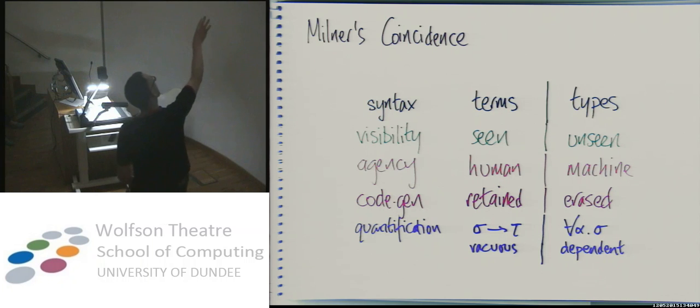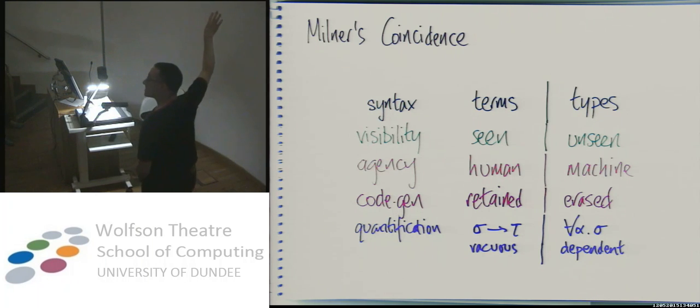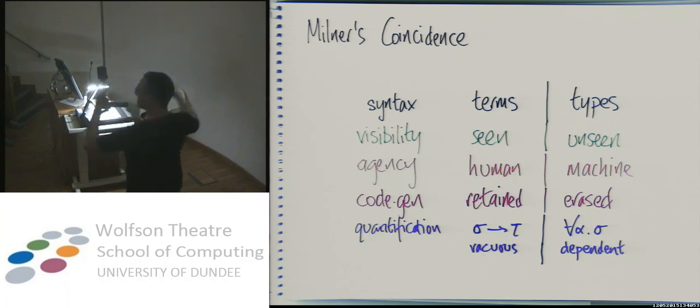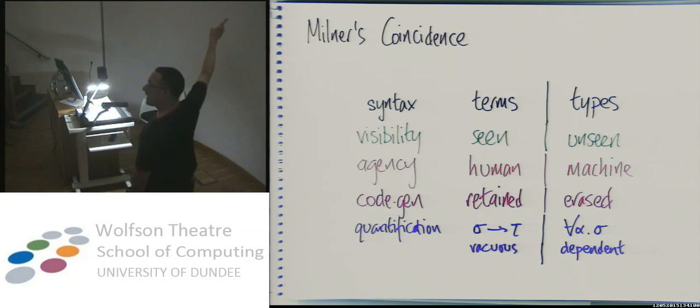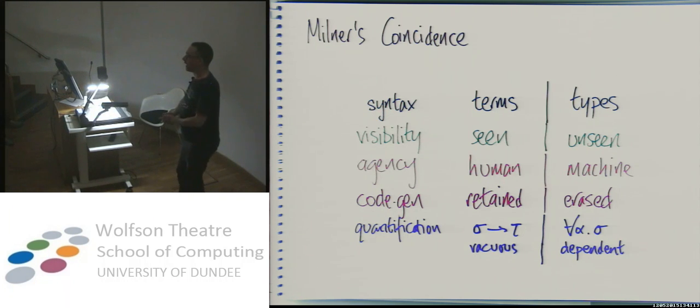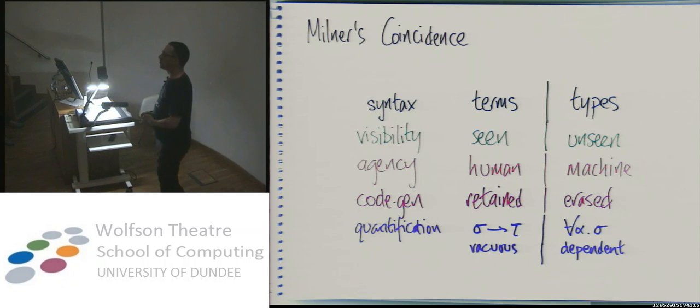Whereas if you're abstracting over the types, the invisible machine-generated things, then all of a sudden it becomes possible to name the abstracted thing with a universal quantifier. And in the Milner world, all of these things line up, astonishingly, and to a significant purpose.